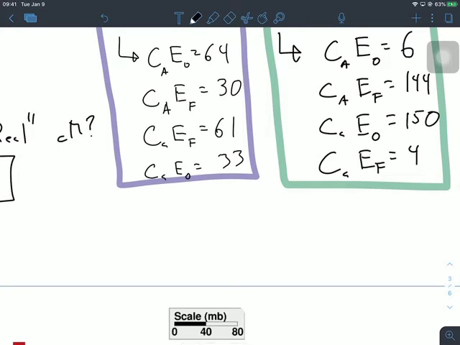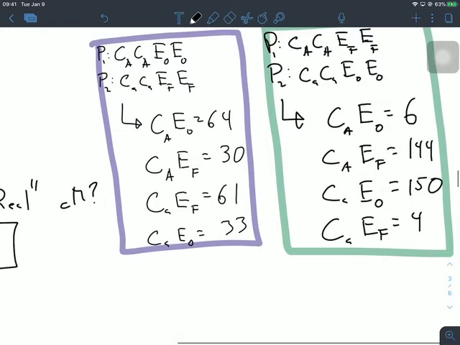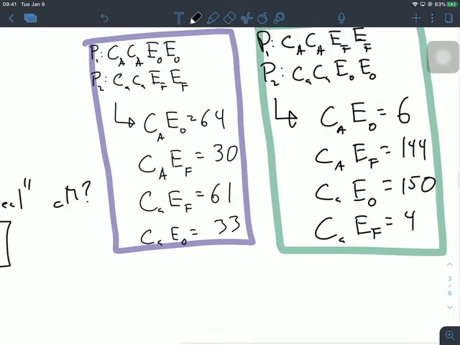And for our last problem, we'll have the exact same parentage as up here, with the numbers being slightly different.